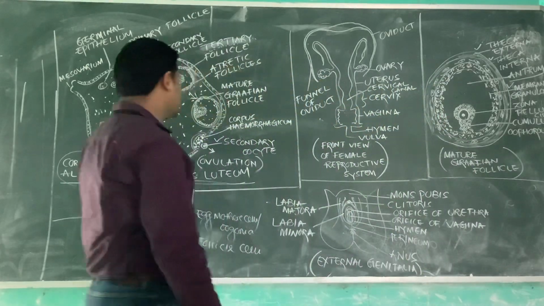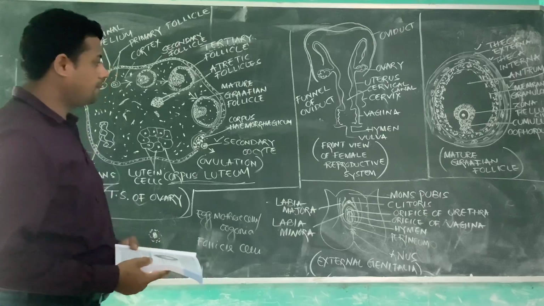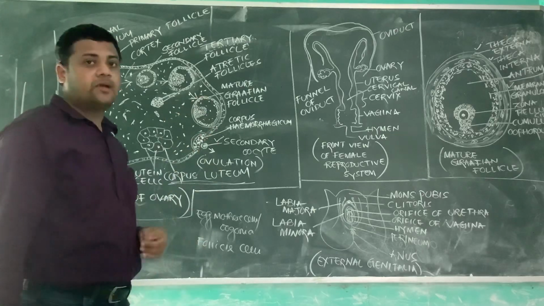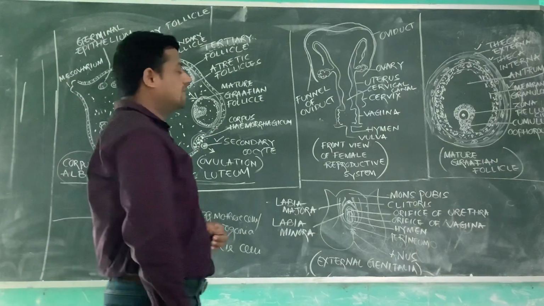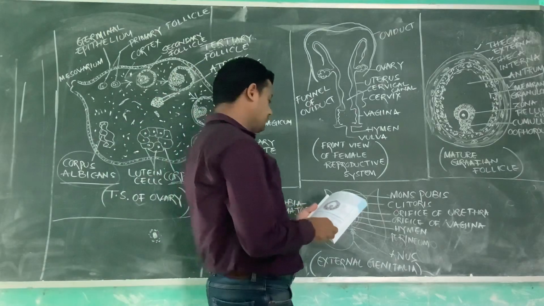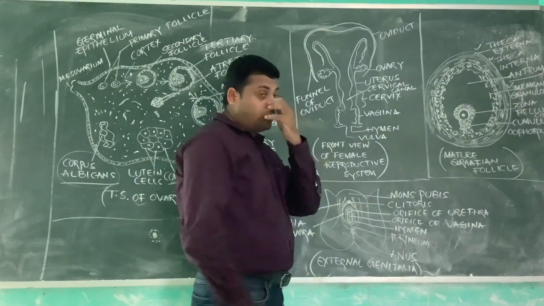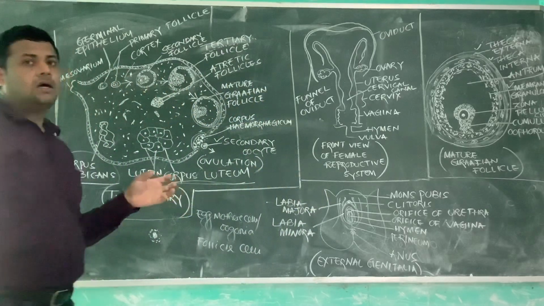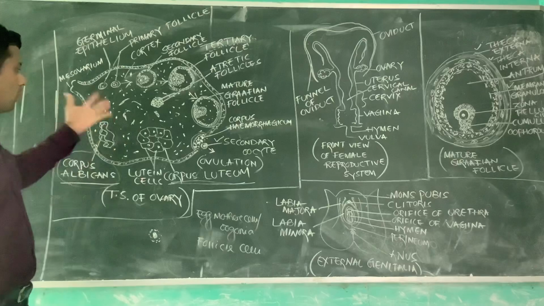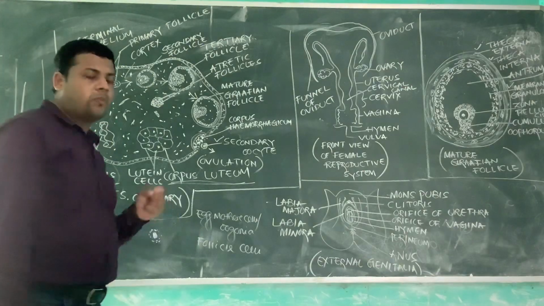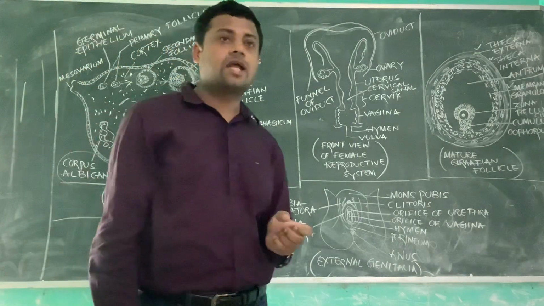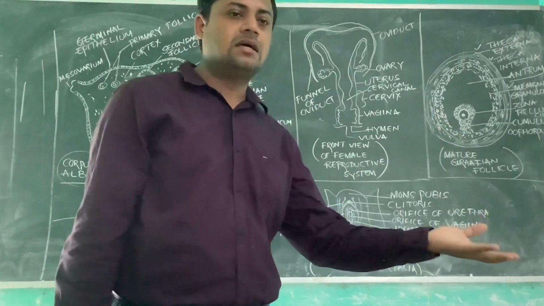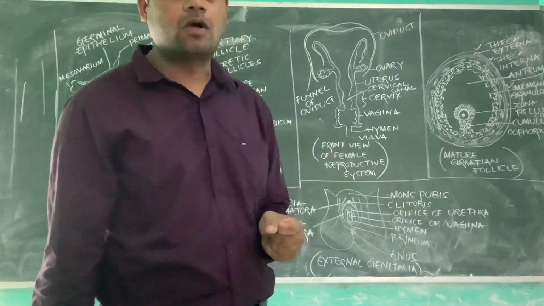Okay, so this is about ovary. Next part of a female reproductive system is oviduct. Before we discuss oviduct, first we know ovary performs dual function, that is reproductive function and endocrine function.